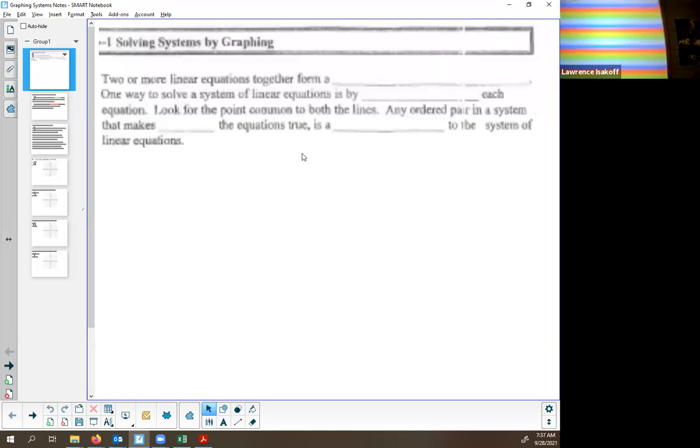I'm sorry this is slightly hard to read here, but what this says is: 2 or more linear equations together form a system.